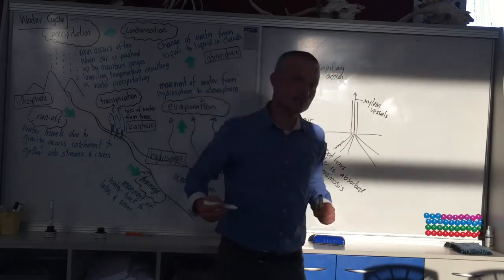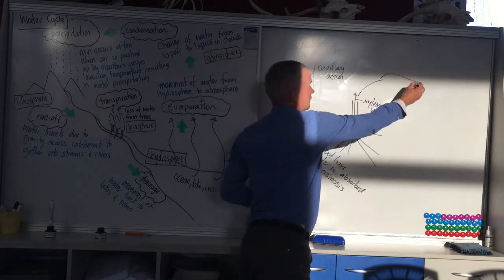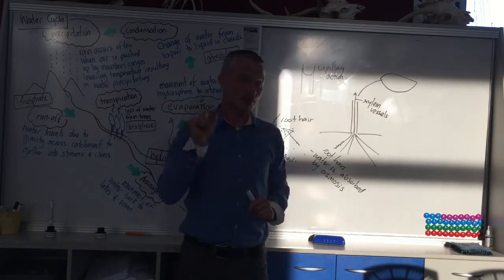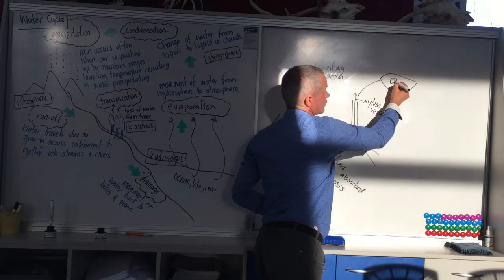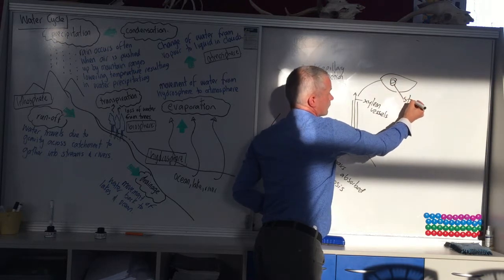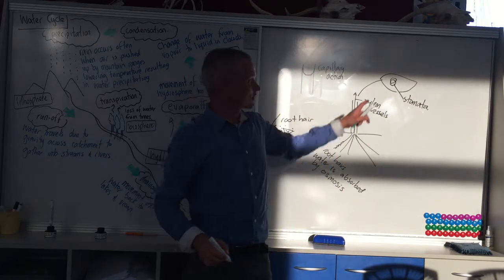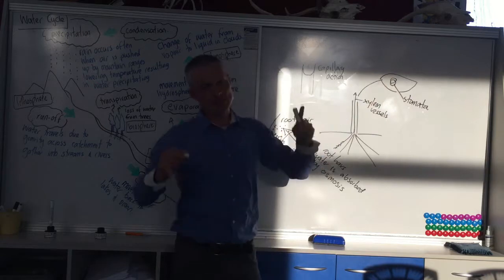And then as it moves up the stem and into the leaves, the other adaptation that plants have is an opening on the bottom of the leaves called a stomata. And it's through that opening that water will be lost by evaporation up into the atmosphere.